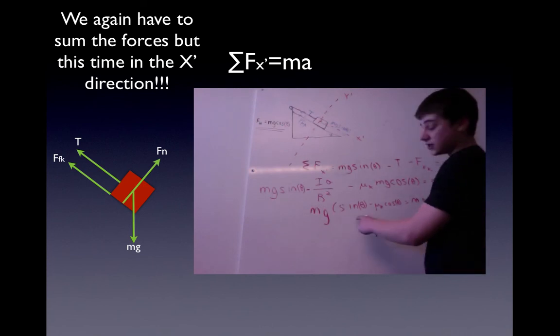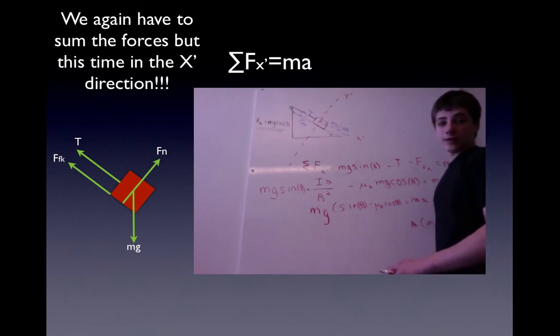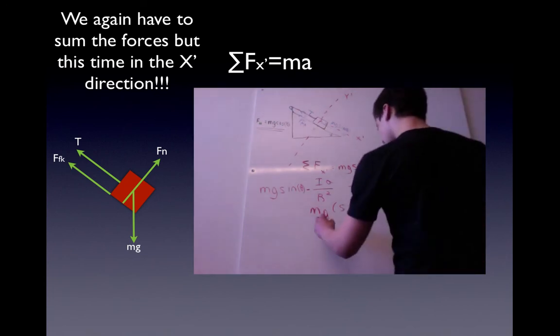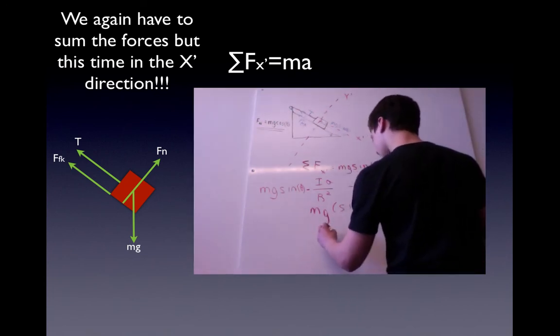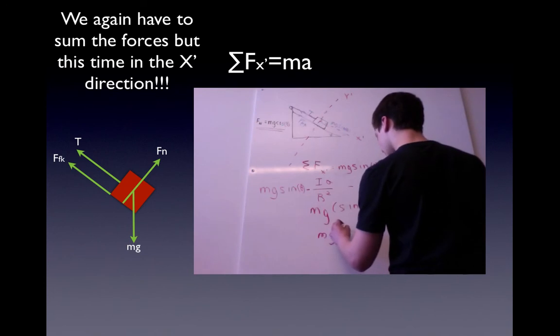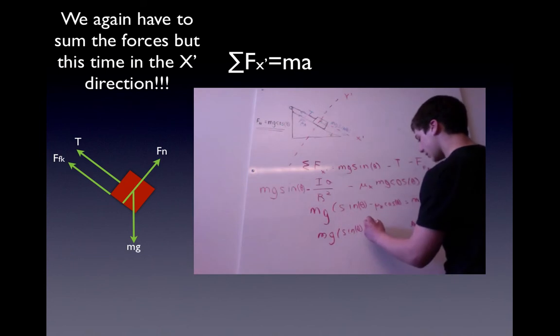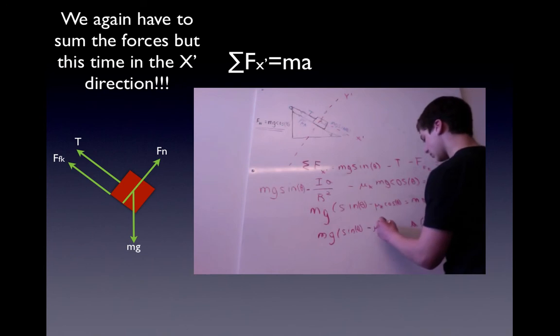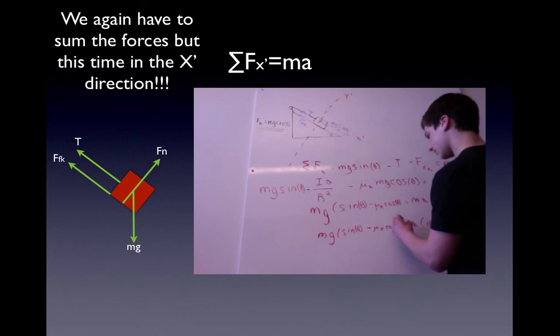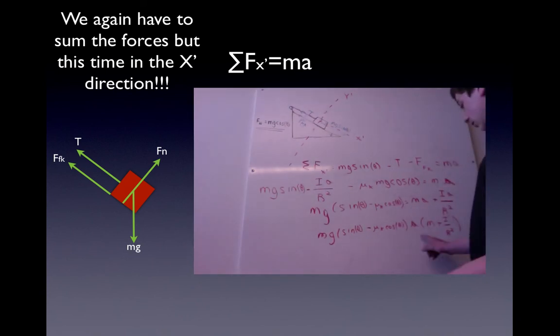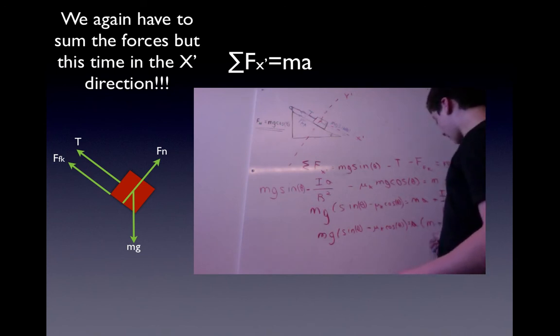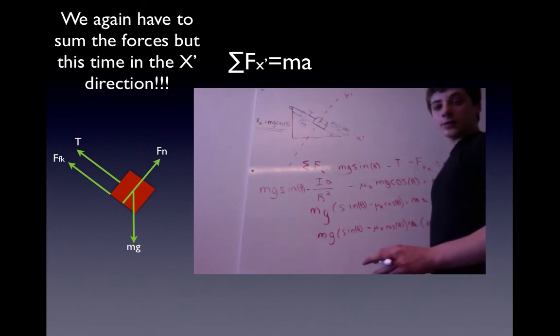We also know all these quantities, so we're going to be able to plug in numbers to get a numerical value of acceleration. Now all we need to do is divide, and then we'll have a on one side, and we'll be able to plug in numbers to get our answers.